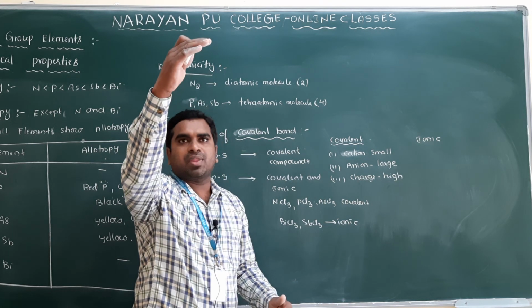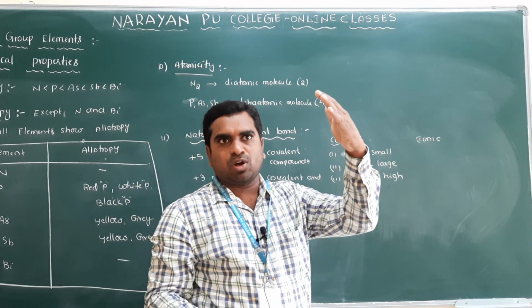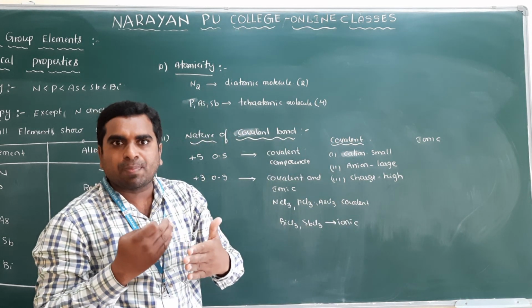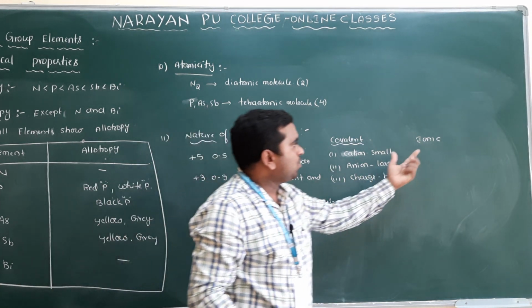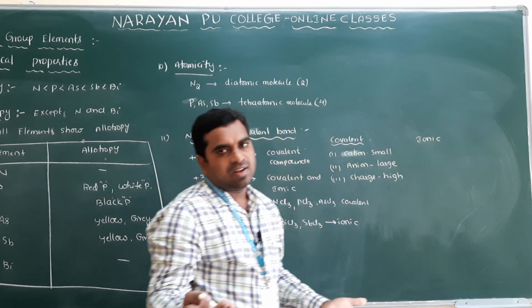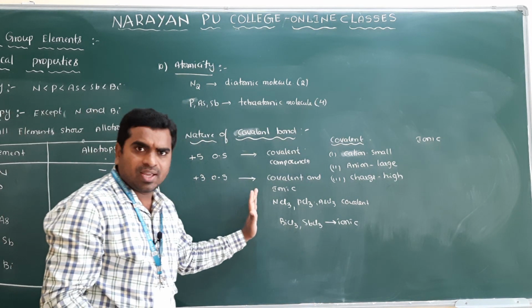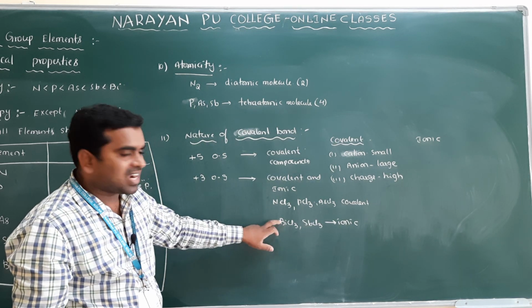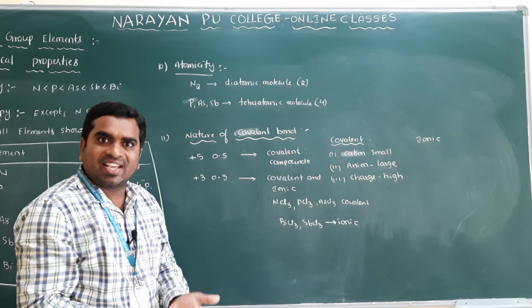If you are moving from top to bottom, the stability of the higher oxidation state is decreasing. And I already said bismuth mainly shows the +3 oxidation state. So bismuth in the +3 oxidation state means automatically they are in ionic form. And from nitrogen to bismuth, as we are moving, the central atom cation size is increasing.